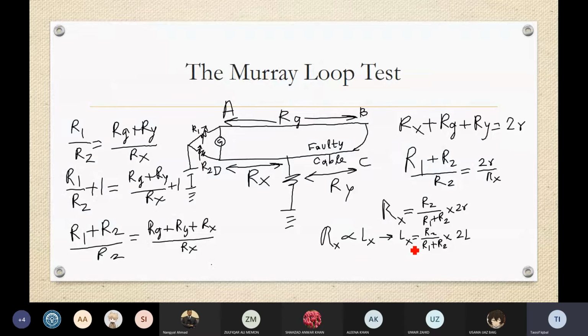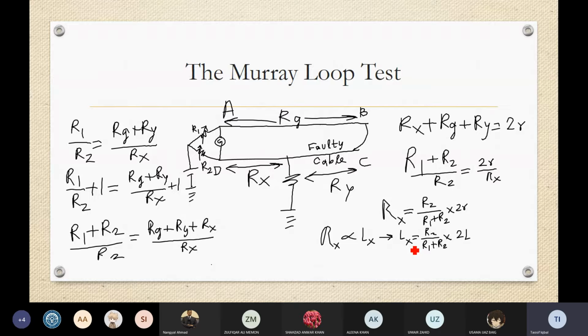But the problem in this case is that we should have proper knowledge of the resistance of one proper length. If we have a certain limit of that resistance, for example, we know the start point and the end point, and the distance between them is only 1 kilometer, so we know the resistance is going to be exact for that 1 kilometer cable.